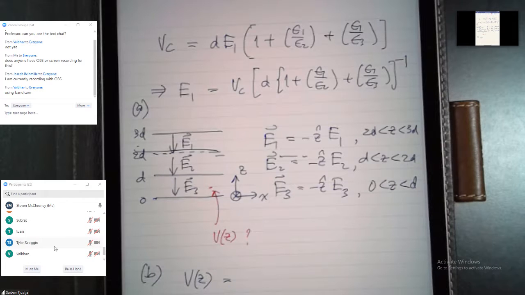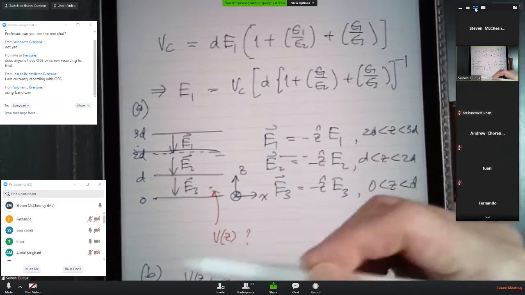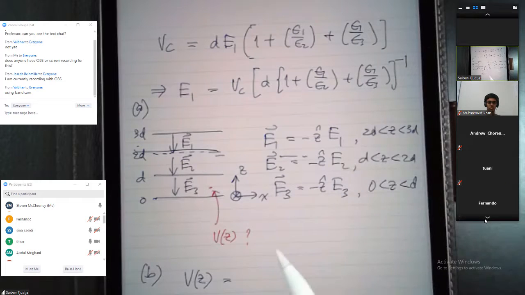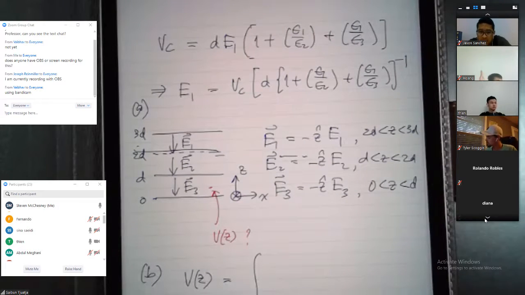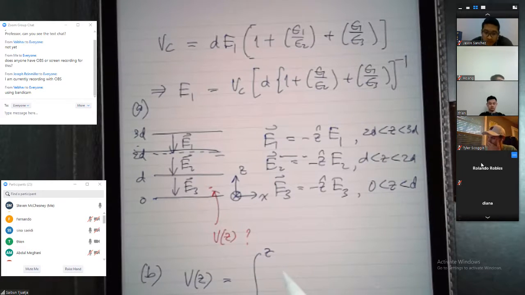So V of Z, we are interested only in Z between 0 and 3D. Outside, of course, the potential will be 0, and we're not interested in it. So this is integrating from 0 to whatever value Z is.